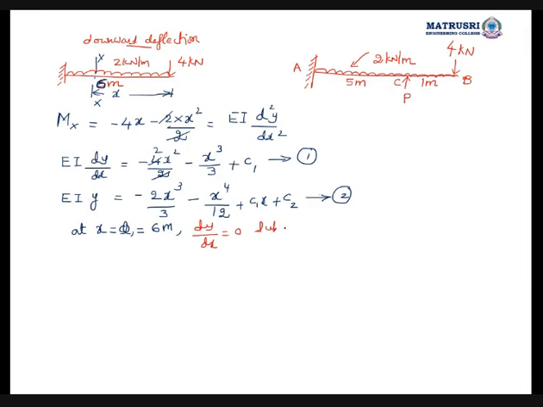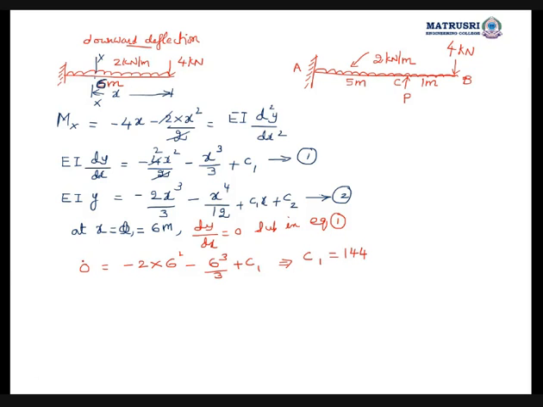Substitute in equation 1. So substitute in equation 1, what will happen? 0 minus 2 into 6 square minus 6 cube by 3 plus c1. So if you do this one, we will get c1 is equal to 144.